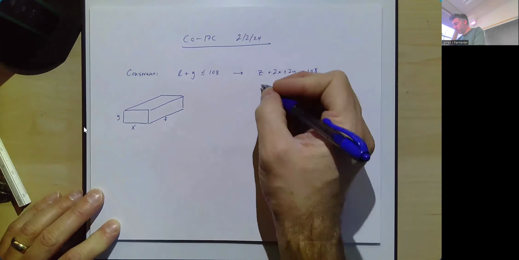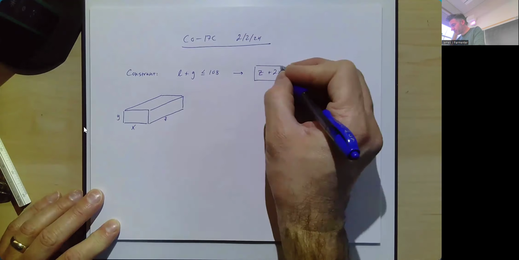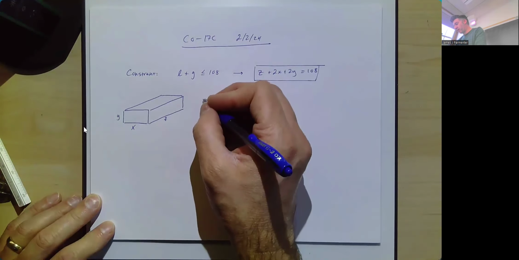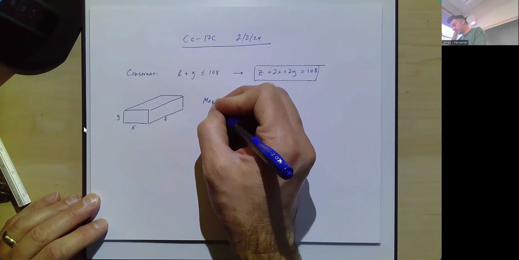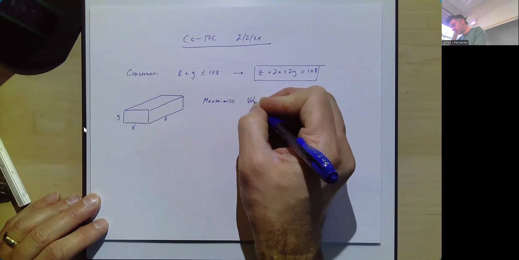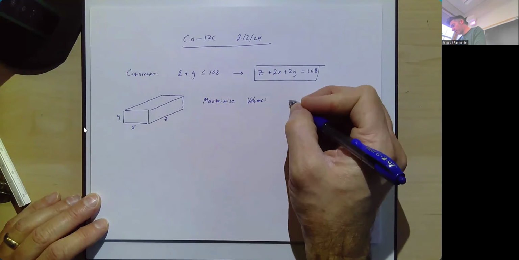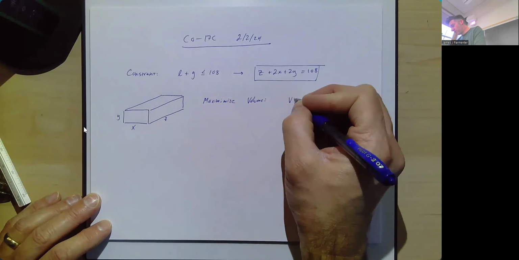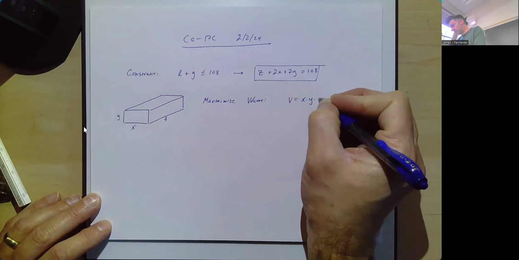So there's our constraint. And then we were trying to maximize the volume, equal to X times Y times Z.